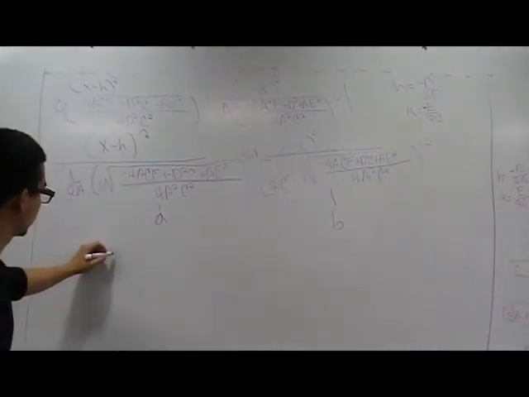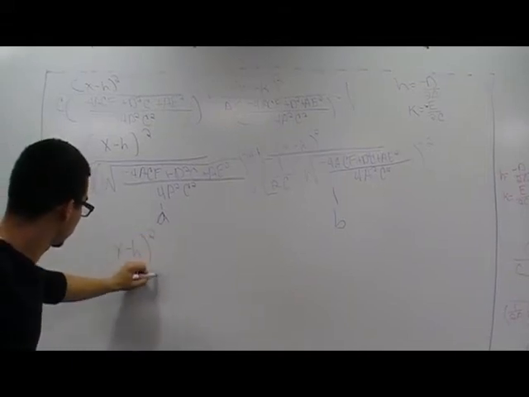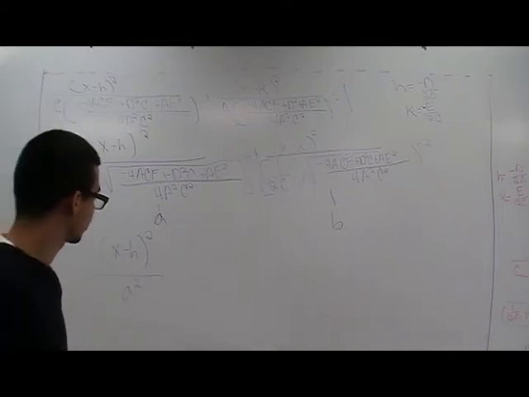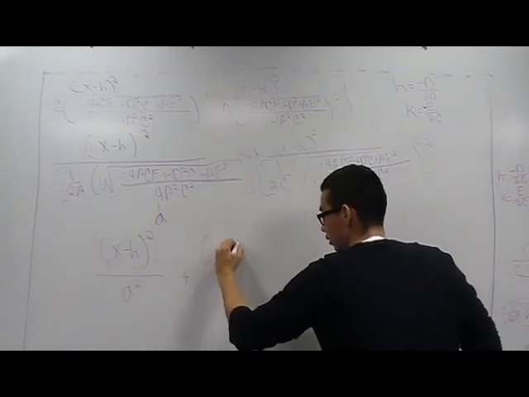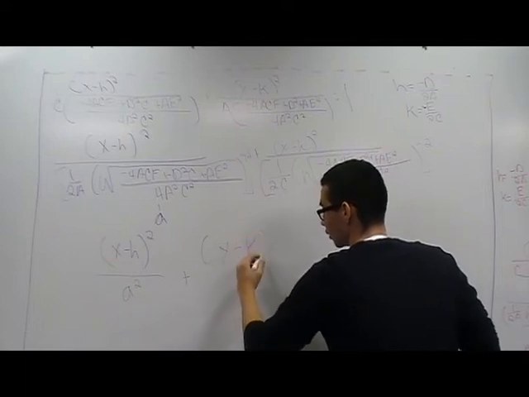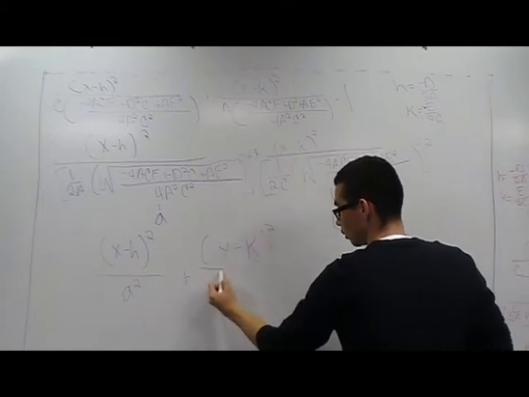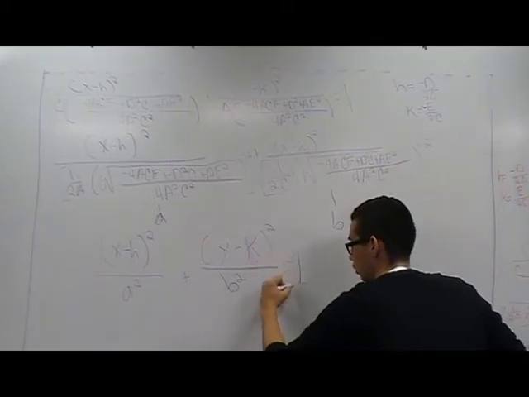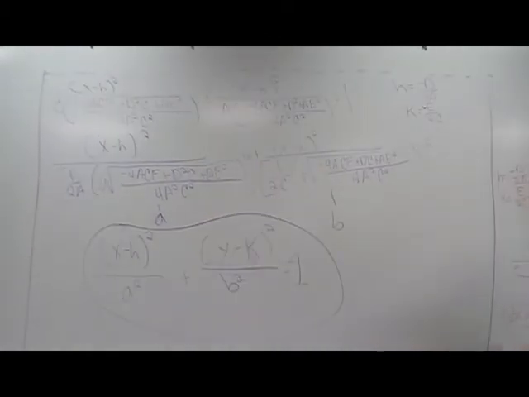And we are left with x minus h squared all over a squared plus y minus k squared all over b squared equals 1. And that is our equation of an ellipse.